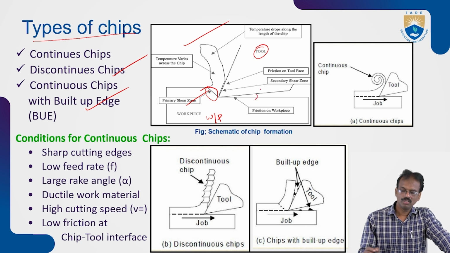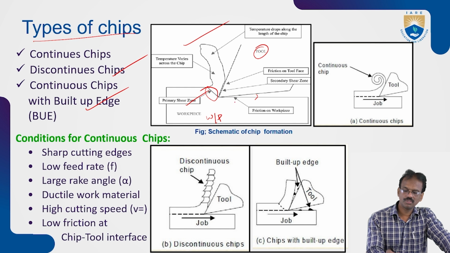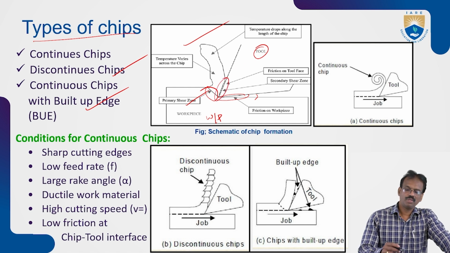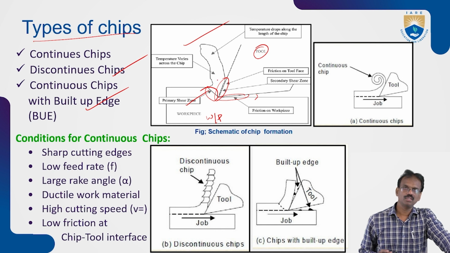Here also, due to friction between the workpiece and the tool, heat will be generated. Also the interaction between the chip and the tool generates heat. The maximum amount of heat will be dissipated by the chip.